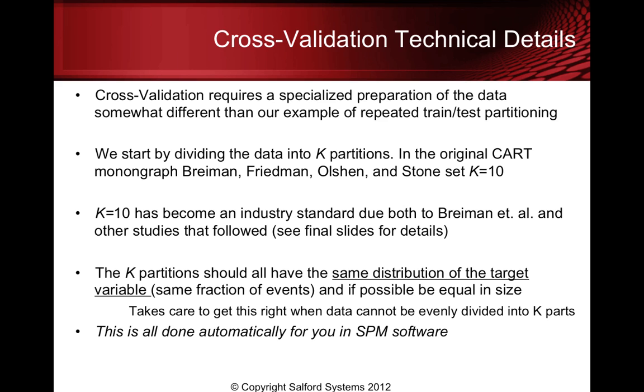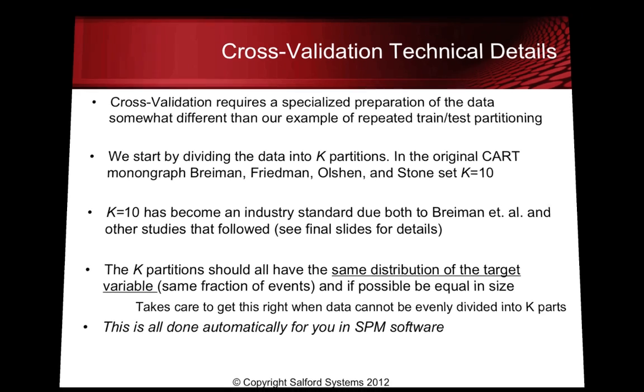The important point for the typical user is that all of this is done automatically for you in SPM software. The Salford Systems tools will generate the proper cross-validation partitions for you. This video is intended just to give you an idea of what's going on behind the scenes. But the more ambitious students can, of course, go on to try to do some of this in a manual way to get a better understanding of what this is really all about.